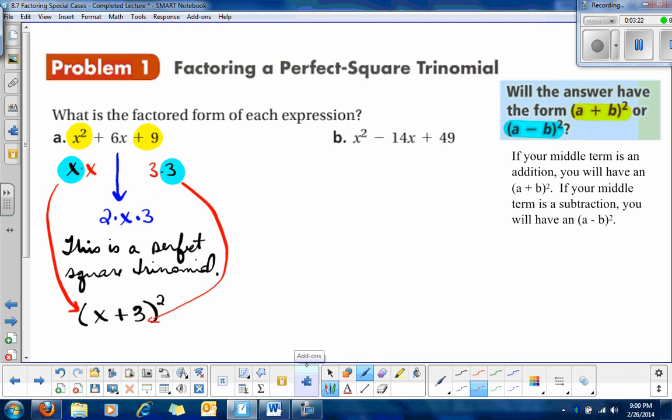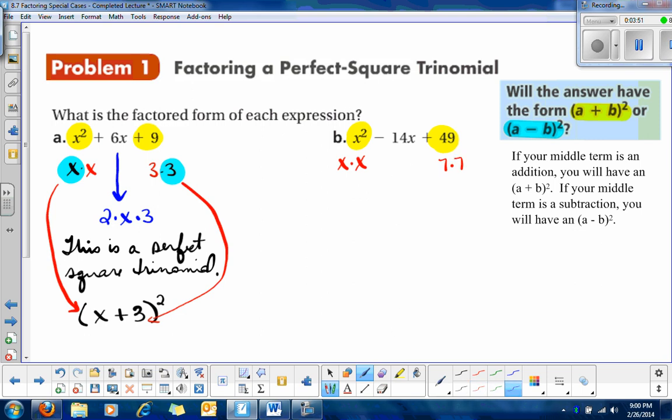So if you look at problem B, let's check to see if we have a perfect square trinomial. So x squared is x times x. That is a perfect square. How about 49? 49 is a perfect square because we can multiply 7 times 7.